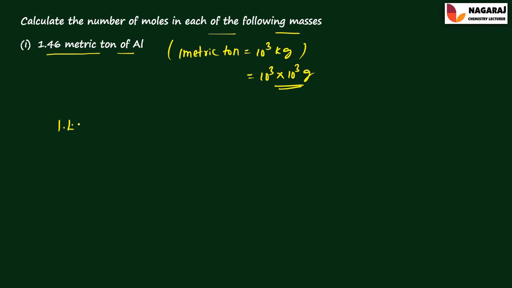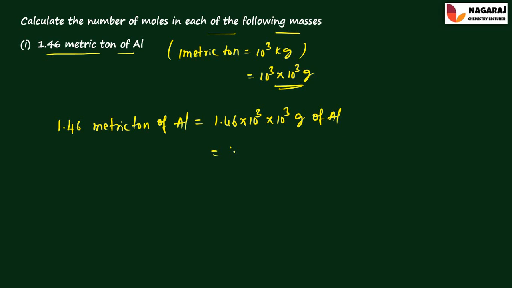That is 1.46 metric ton of aluminum is equal to 1.46 into 10 to the power 3 into 10 to the power 3 grams of aluminum.